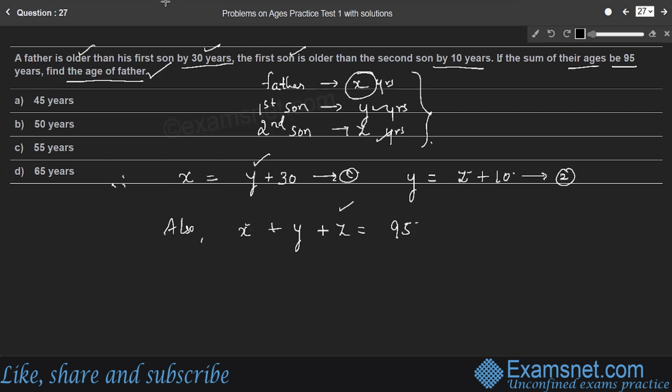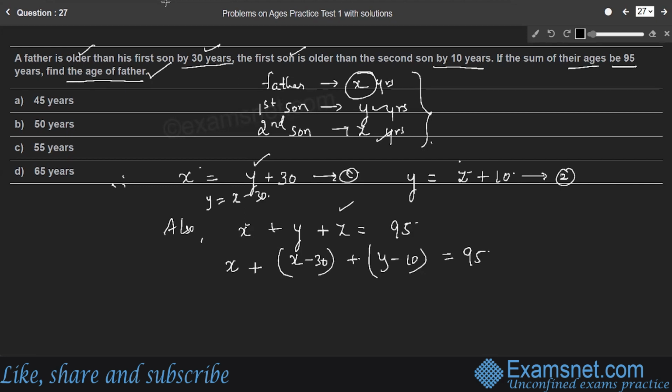So here, X will be as it is, plus Y is X minus 30. His first son's age is X minus 30, right? So we'll write like that, X minus 30 plus second son's age, which is Y minus 10, is equal to 95.